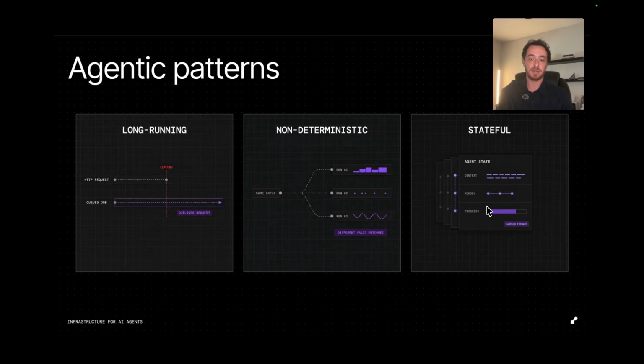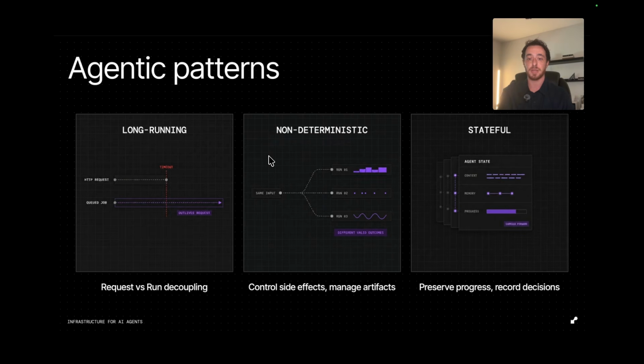So based on these agentic patterns, there are a few requirements that we can infer we want in our infrastructure. First, we want to be able to decouple the request from the run in case they are far separate from each other in time. Secondly, we need to make sure that we're controlling any side effects that can happen from the really dynamic execution of the agents.